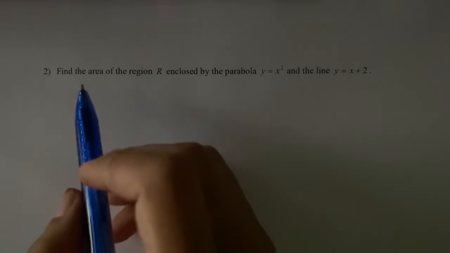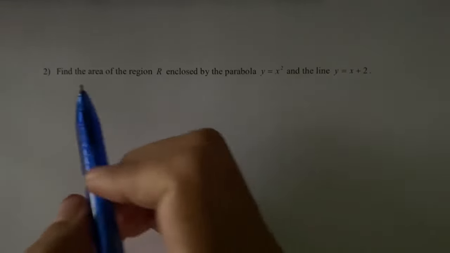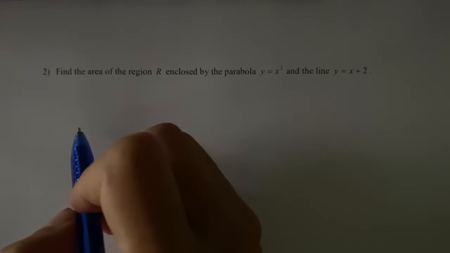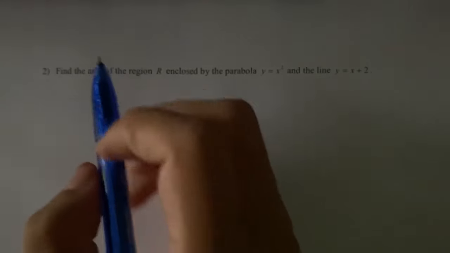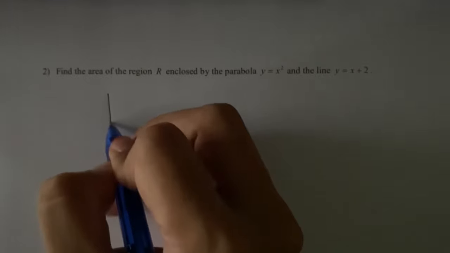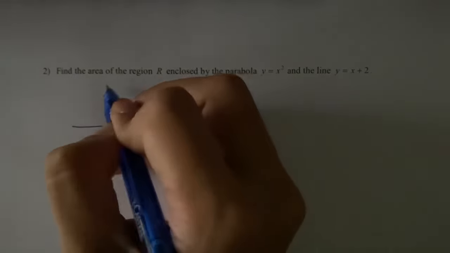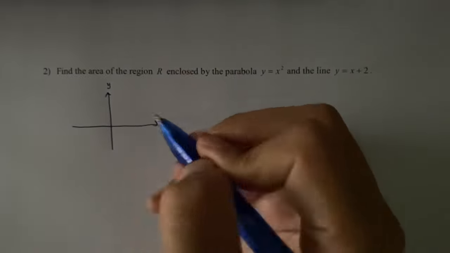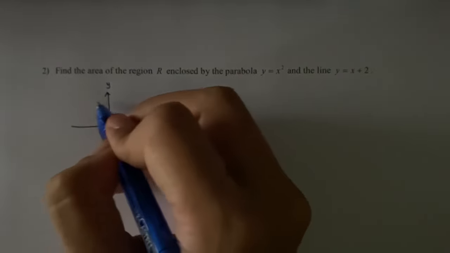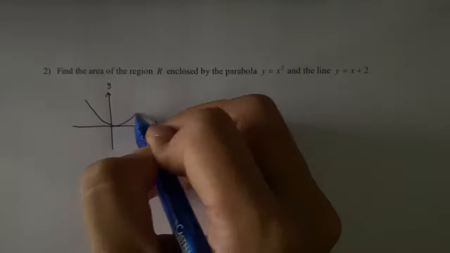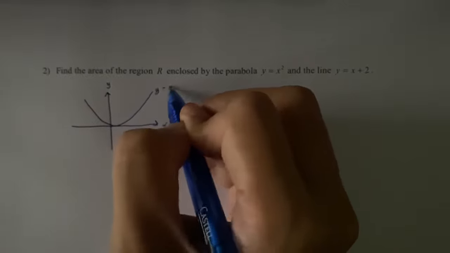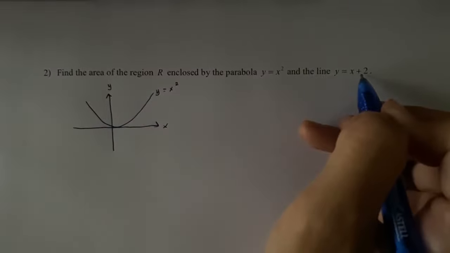We have to find the area of the region R enclosed by the parabola y equal to x square and the line y equal to x plus 2. So as usual, we start with sketching the region. So y equal to x square is this one, and y equal to x plus 2.